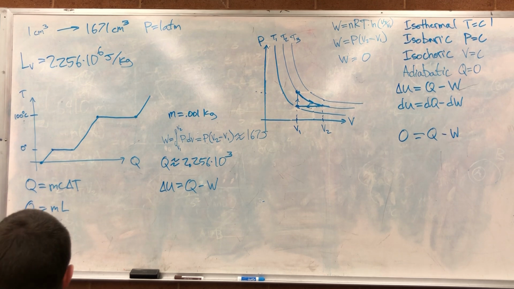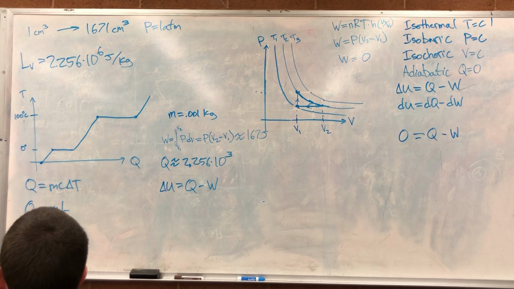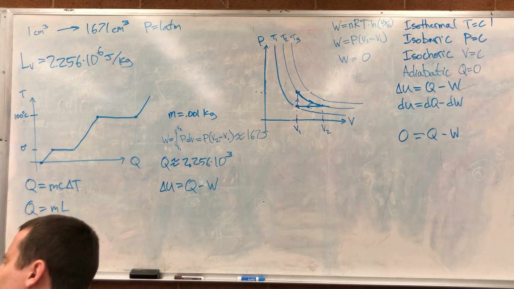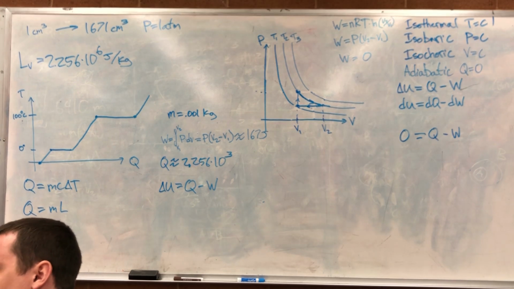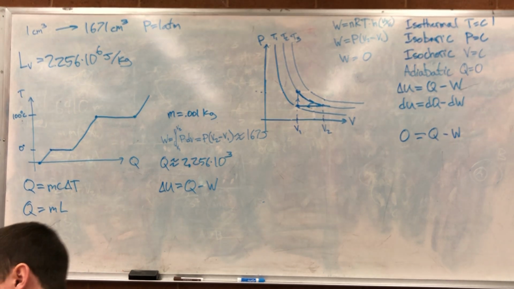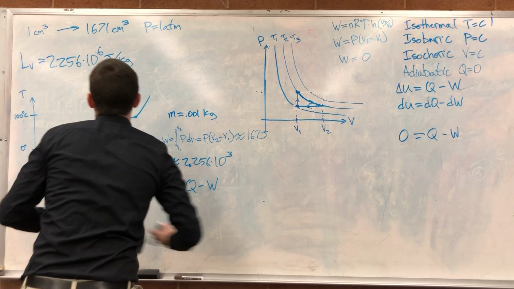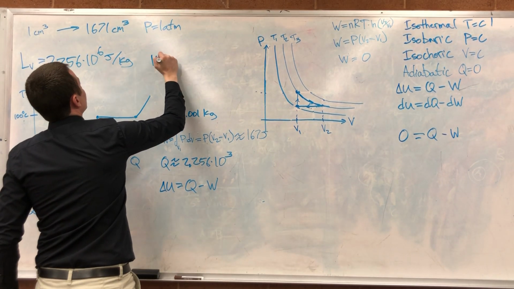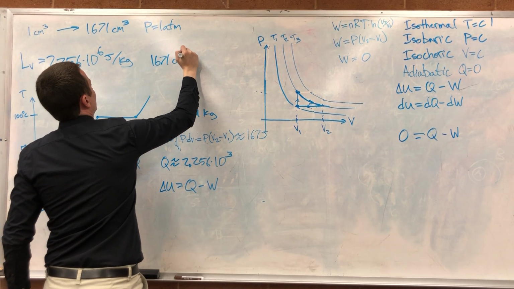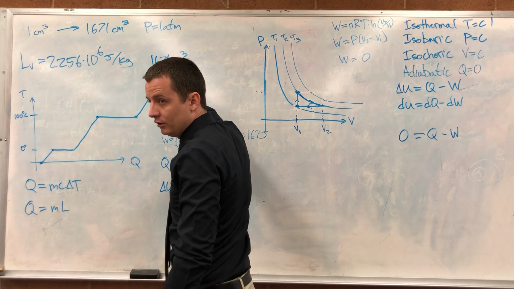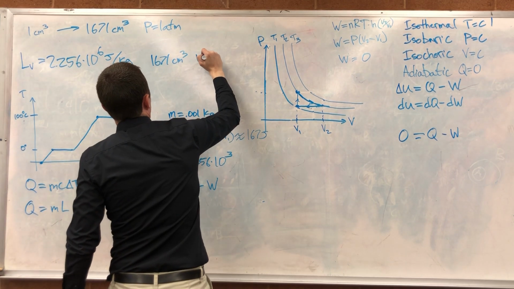Yeah, all except your 1 million. But what's another way that you would calculate or find your cubic meters? Convert each one of those cubic centimeters to meters. So I have 1671 centimeters cubed. I need meters cubed. So I need to multiply this by 1 meter.